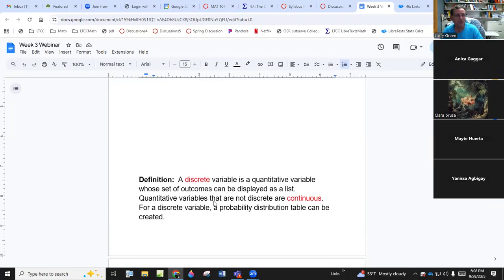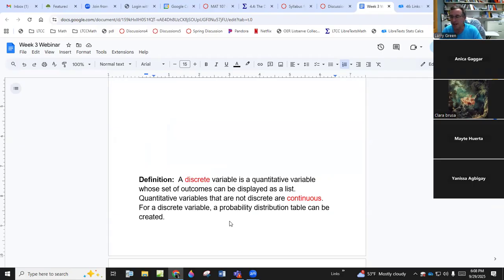Okay. So here's a reminder. A discrete variable is a quantitative variable whose set of outcomes can be displayed as a list. Quantitative variables that are not discrete are continuous. Okay. Does that make sense? And here's a big deal for this week. For a discrete variable, we can create a probability distribution table.